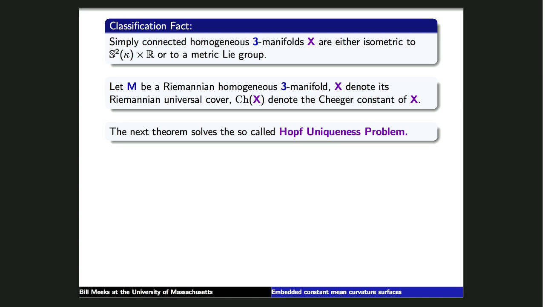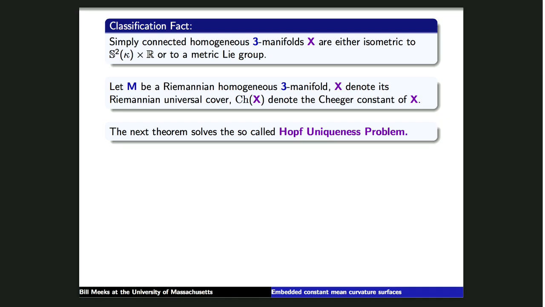Okay, so first of all, to understand the problem I'm talking about, it's called the Hopf uniqueness problem. One needs to understand a basic property about simply connected homogeneous three-manifolds, and that's that they're usually metric Lie groups. That means a Lie group with a left invariant metric. Okay? So that's what I mean when I say metric Lie group.